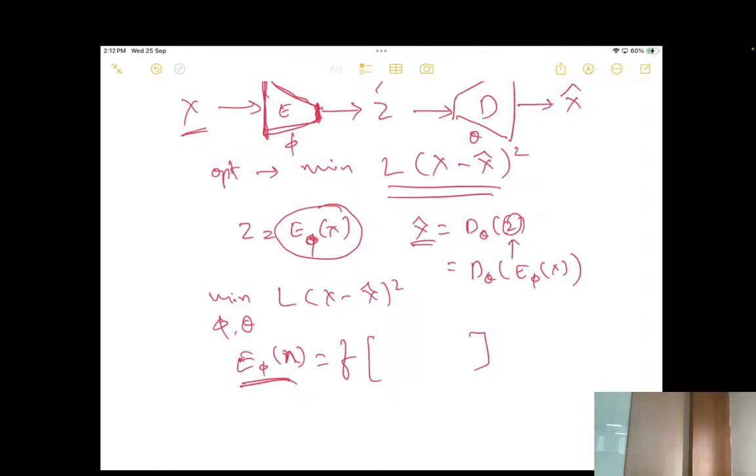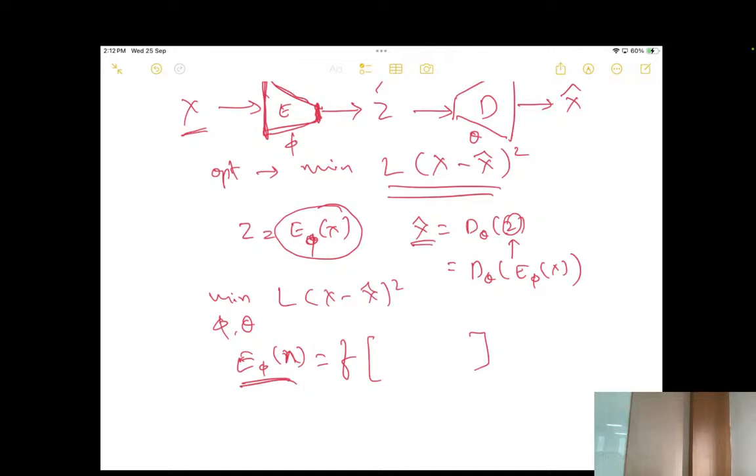How do I represent my neural network? When I say I am taking the model, I am learning the model, it means what? Your parameters. How do I represent those parameters?